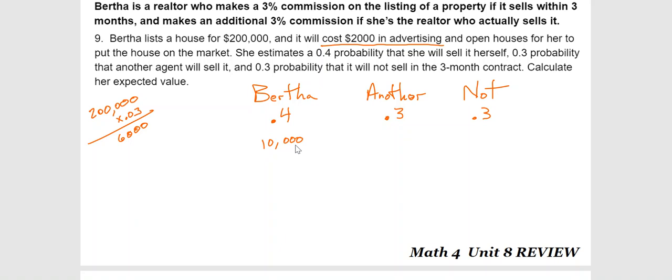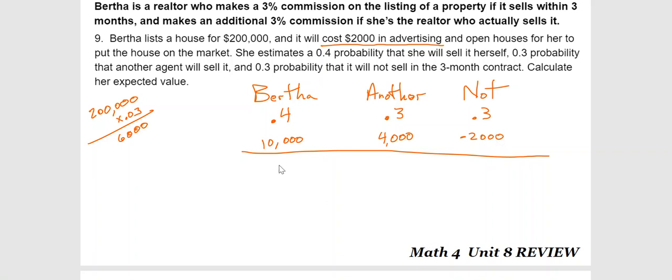This is why people get into realty. Now, if somebody else sells it, she still gets the $6,000 for listing it, minus the $2,000 in advertising, so she would have a $4,000 payday if somebody else sold it. And then last but not least, if it doesn't sell, she's spent her $2,000 in vain.